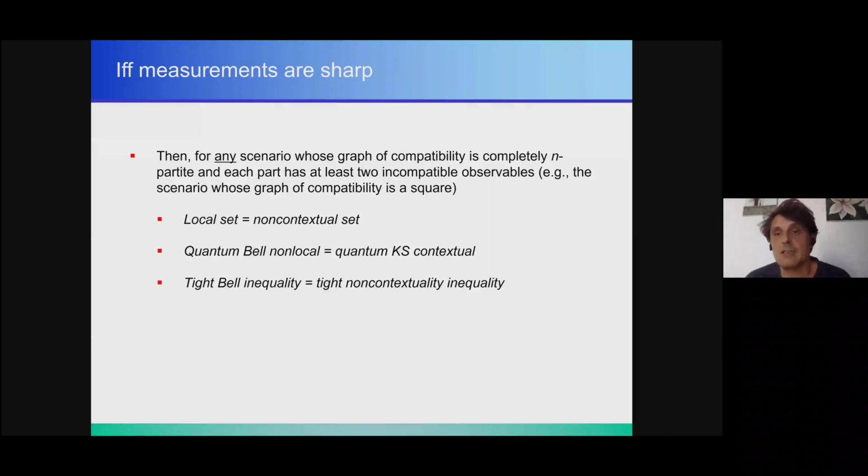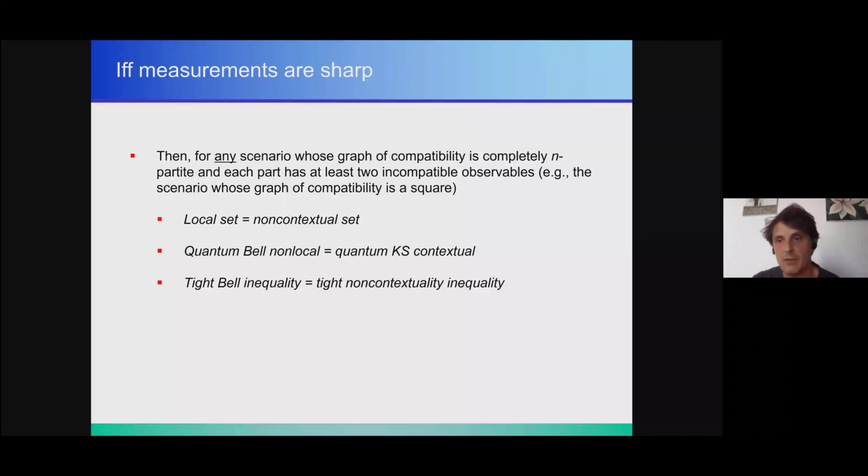But notice, and this is maybe an important point, that if and only if the measurements are sharp, then for any measurement scenario whose graph of compatibility is completely n-partite, and each part has at least two incompatible observables, which is exactly what we typically call a Bell scenario, and for instance, a square is an example of that, for these scenarios the local set of behaviors is exactly equal to the non-contextual set of behaviors.